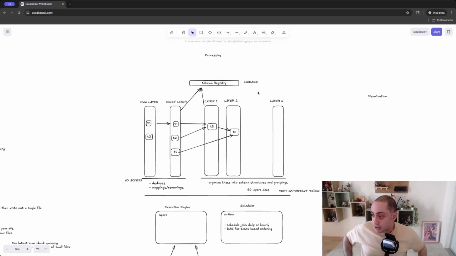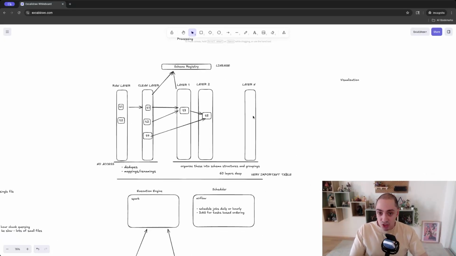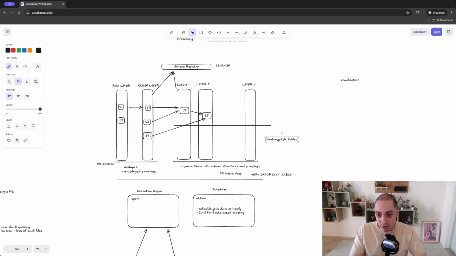But at the end of this, what you have is really an ecosystem of tables that you can play with. You can either use them for training data, or you can use them for analytics. There's a lot of interesting conversations about the different types of table structures that might result in that. And so you actually might have a split between feature style tables and analytics style tables, that are used for creating reports versus training models.